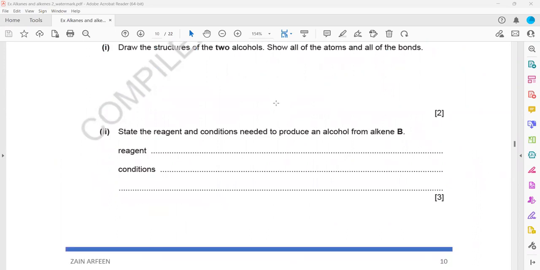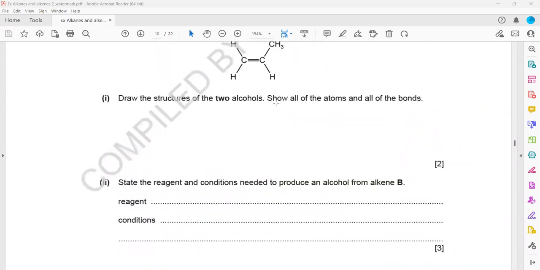State the reagent and the conditions needed to produce alcohol B. Steam is the reagent, at 300 degrees Celsius and 6000 kPa, with phosphoric acid as catalyst. A reagent refers to a chemical we use to carry out that reaction. Usually it is 300 degrees centigrade and 60 atm, not 600 atm.